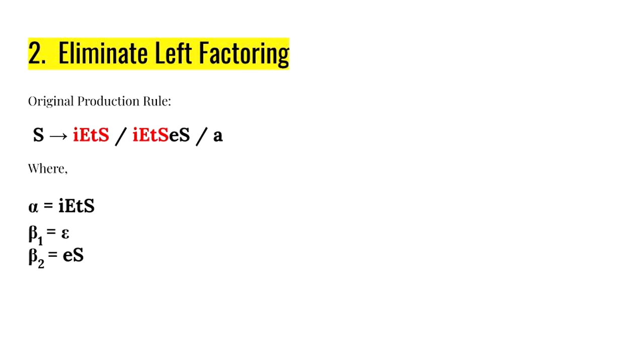Here we will leave alone the production rule that contains A because it does not have a prefix in front of it. So the new production rule will come as S derives IETS S dash or A, because we have to write it as it is as it contains no common prefix. Then S dash will be written as epsilon, because beta 1 is epsilon, slash we will write beta 2 as its second production.